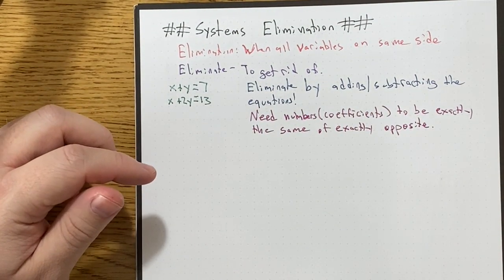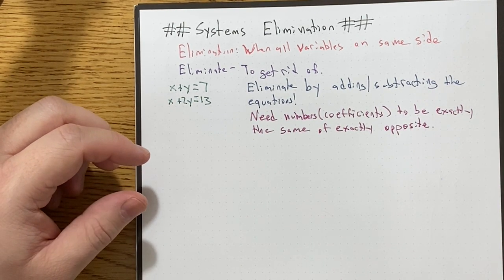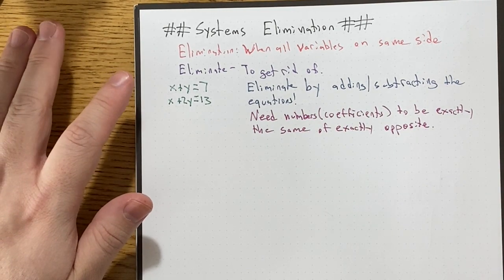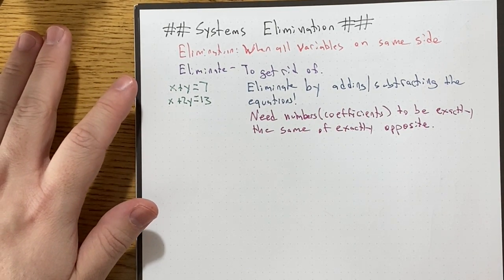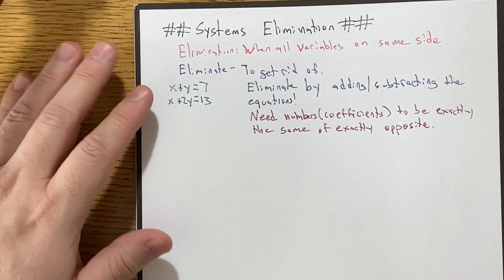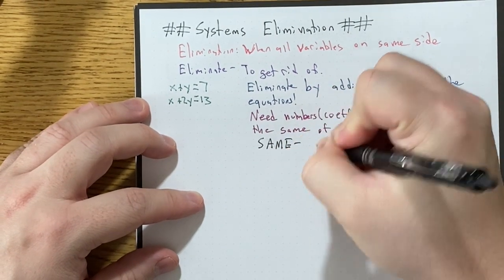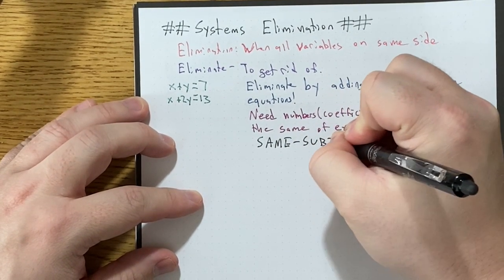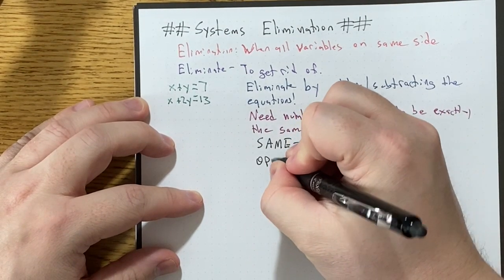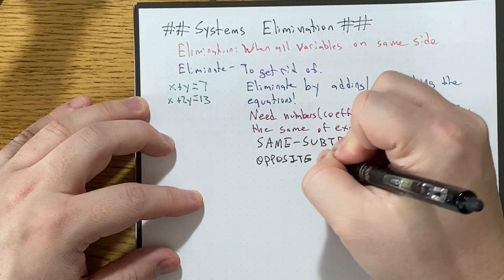And this is the biggest thing that I want you to get into your head. It'll help you to remember it so much. People are still getting mixed up while doing this. But just say this over and over again. Same, subtract, opposite, add.